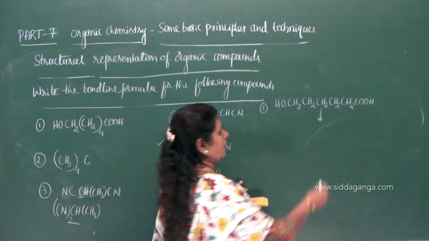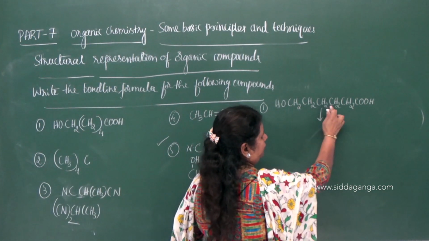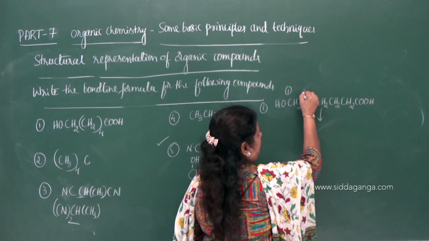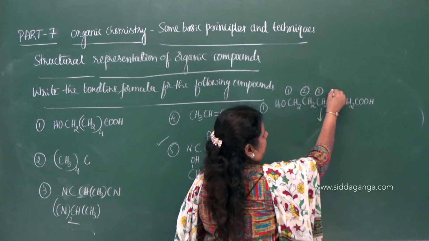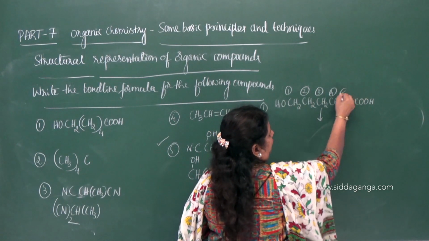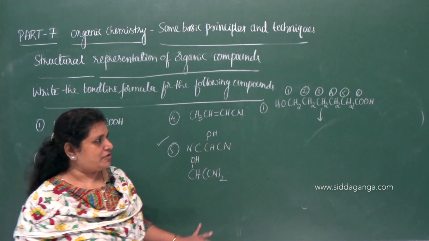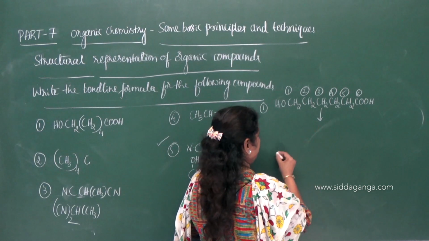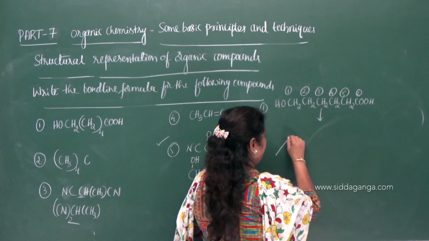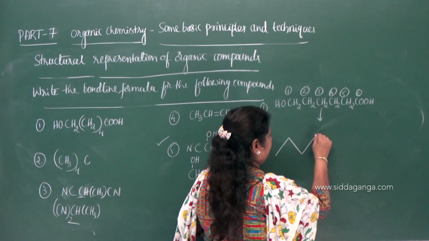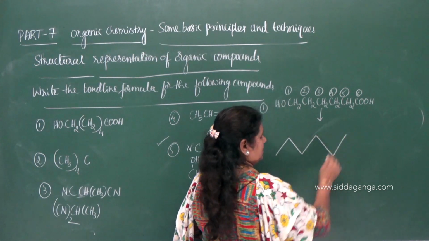So how many carbons? 1, 2, 3, 4, 5, 6, including the carbon atom present in the functional group COOH. So 6 carbons.